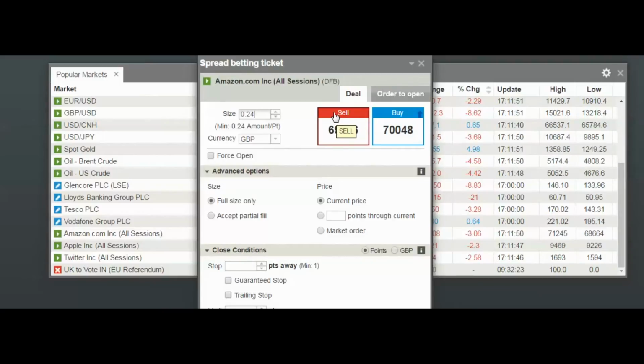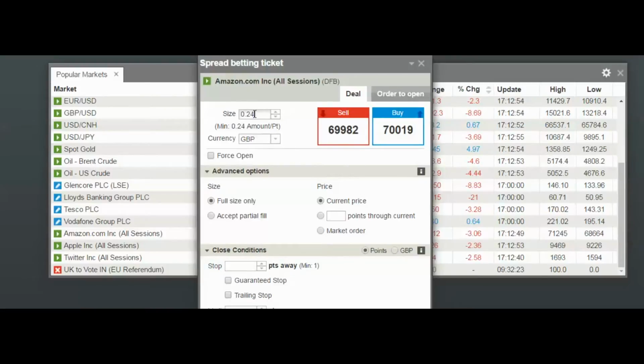So at 24p per point, if it had fallen by 5,000 points, or 5,000 pips, what you're looking at then is a fall of 1,200 pounds.